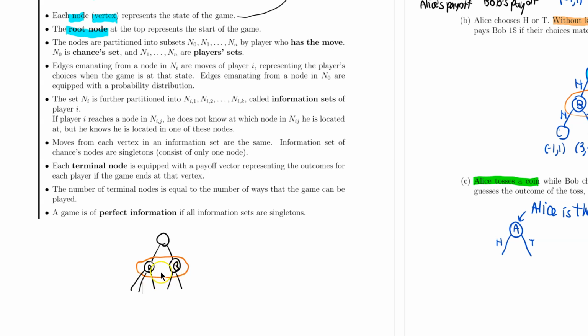So for example, if he looks at the board and sees that there are 3 possible things that he can do, then he will know that he is at the left node. But if he sees that there are 2 possible things that he can do, then that means he's at the right one.